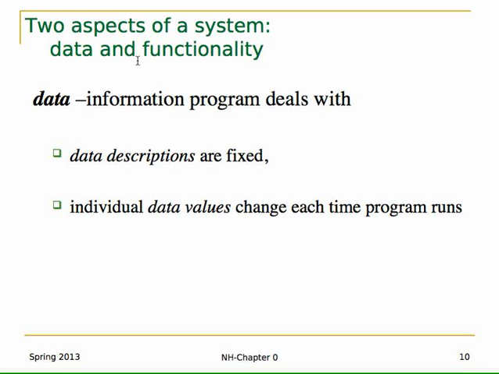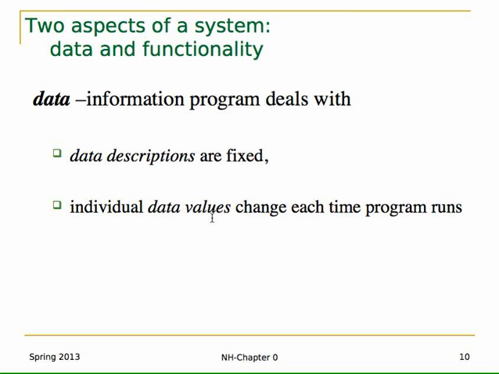Two aspects of a system, as we talked about very briefly: there's data and functionality. Data is information that the program deals with. Often in a simple class, this might just be data members. So data descriptions are fixed, and individual data values change each time the program runs.